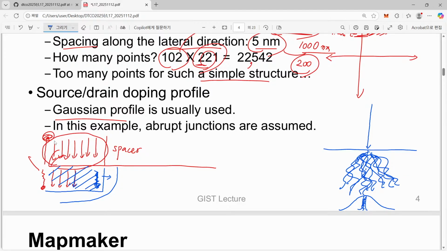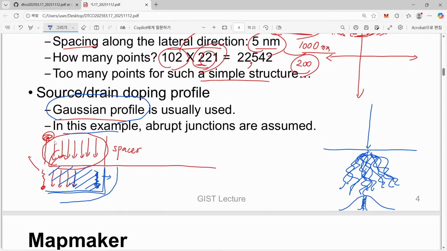That's the reason why our doping profile is usually modeled as a Gaussian profile instead of this box-like one. However, in this simple example, we just assume an abrupt junction, just to say that there exists a certain box.